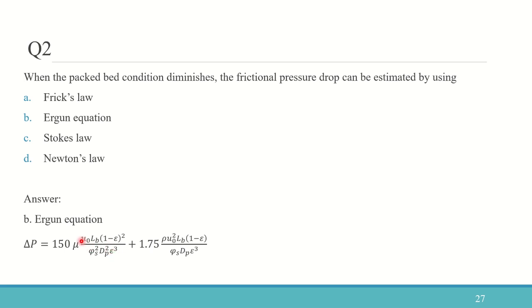Here mu is the viscosity of the fluid, u naught is the superficial velocity, L_B is the length of the packed bed, epsilon is the void fraction, 1 minus epsilon is the volume fraction of solids, phi_s is the sphericity, and d_p is the diameter of the particle. That's it. So this is the formula, guys.